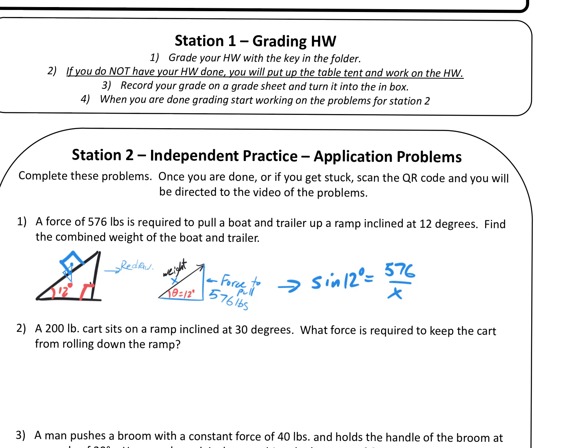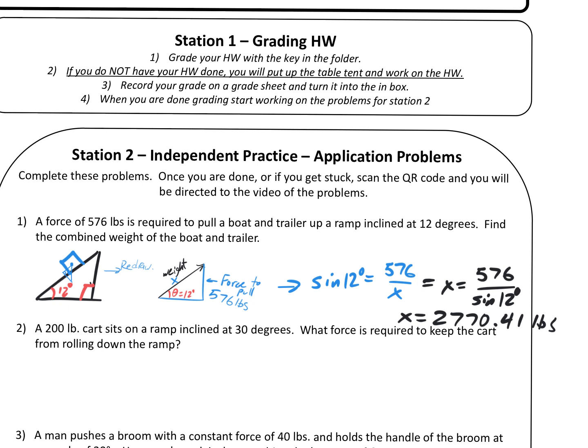If you solve this, you multiply by x and divide by the sine, and you get x equals 576 over sine 12 degrees. It should tell you that x equals 2,770.41 pounds. That will be your solution for this one.